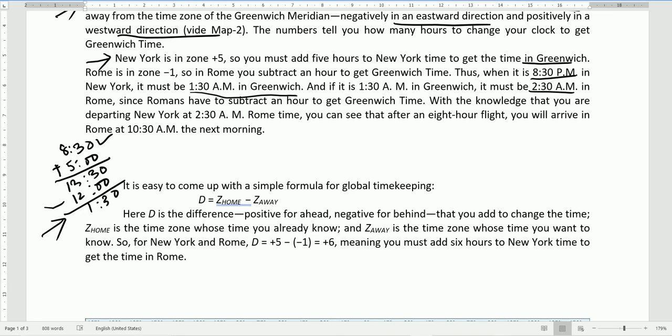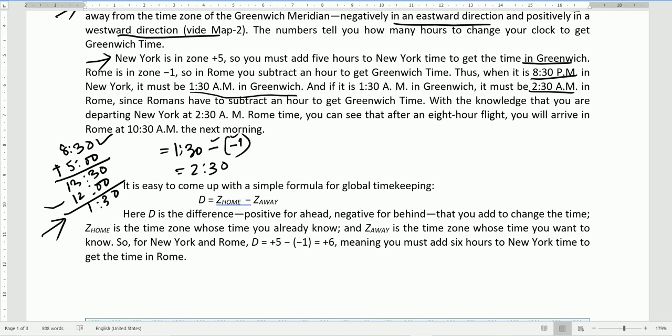So it is like this: 1:30 minus -1 is equal to 2:30, that is, minus minus is plus. That means if it is 1:30 a.m. in Greenwich, it must be 2:30 a.m. in Rome.